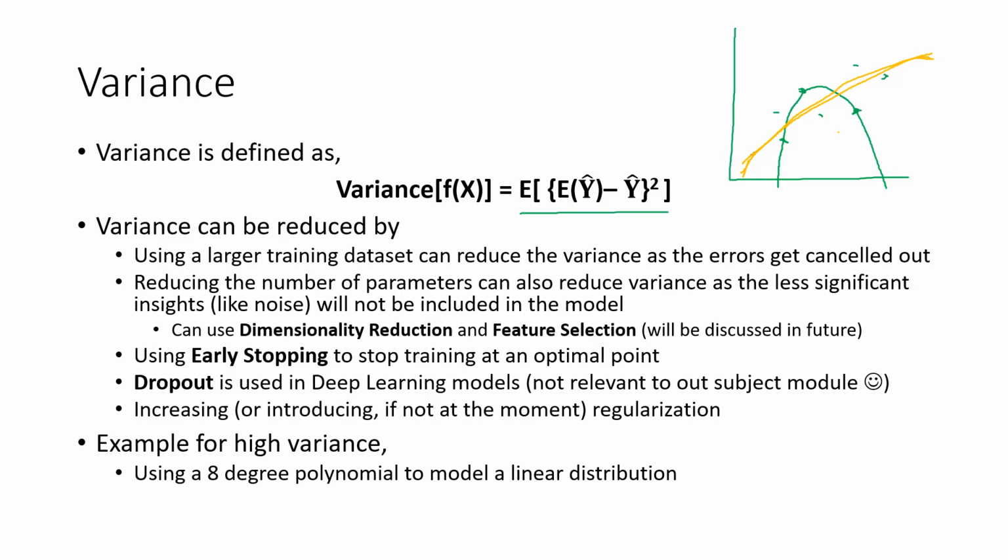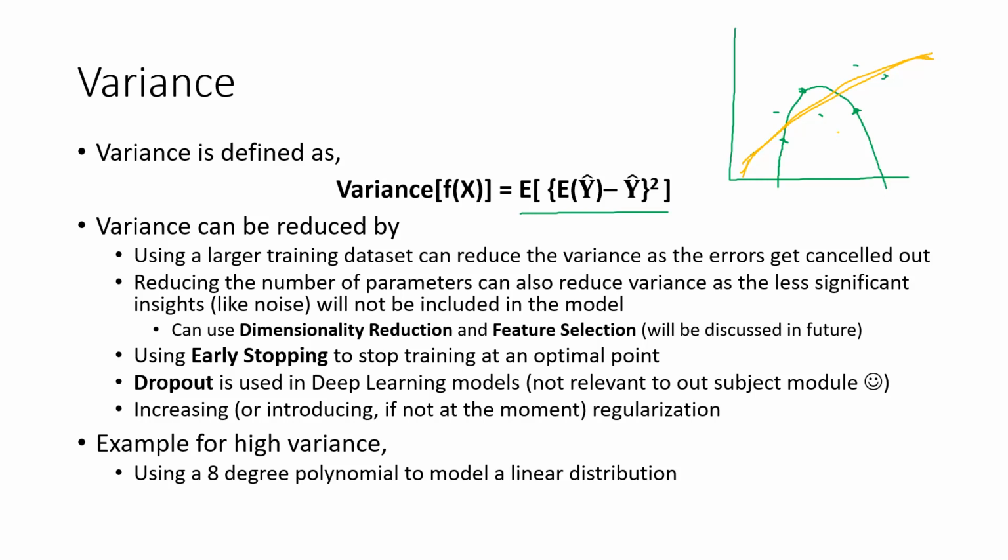So if you have enough high quality data, right? If you have lesser quality data, maybe you have to think twice whether I should use this low quality data for training our model, right? And then reducing the number of parameters can also reduce the variance. As I mentioned earlier, when you have too many parameters, these extra parameters would try to absorb the noise in the data set as well.